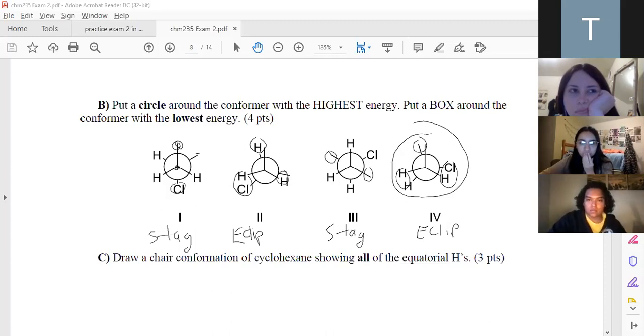Chlorine is a row below fluorine, but carbon is also like 3 rows over, right? So chlorine is a little bit bigger, but coming off of the carbon are 3 hydrogens. So not only do you have that first atom there, but you have those hydrogens coming off as well. Oh, okay. Yeah, it makes sense now.